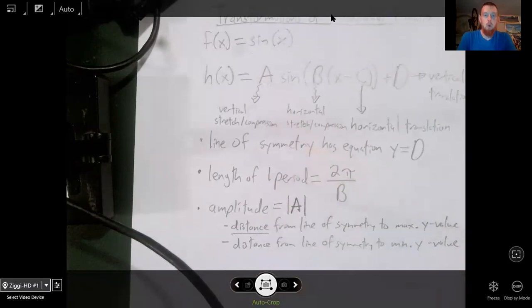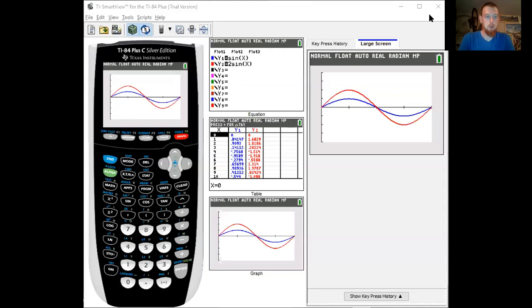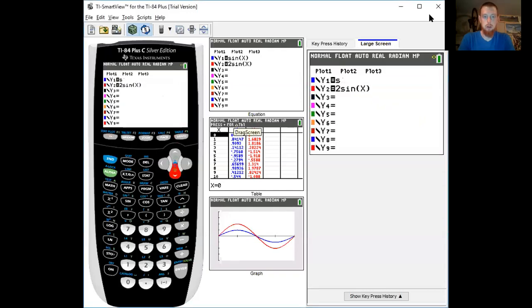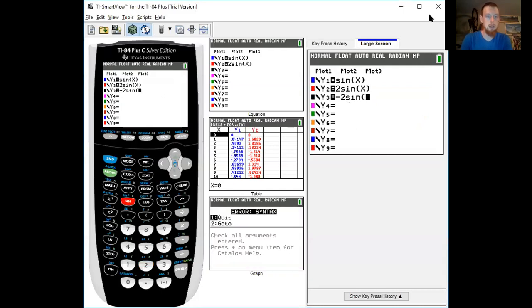Okay, one last thing that we're going to look at before we dive into the notes problems that you have is, what if we looked at what that negative value for A would do? -2 times the sine of x.